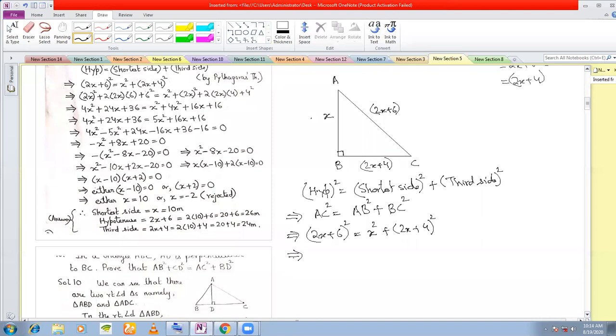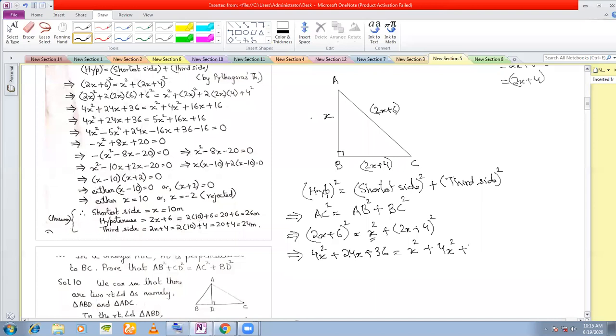Now you expand by the (a plus b) whole square formula: a square plus 2ab plus b square, equal to x square. This x square we write as it is, plus now again (2x plus 4) we expand by the (a plus b) whole square formula.